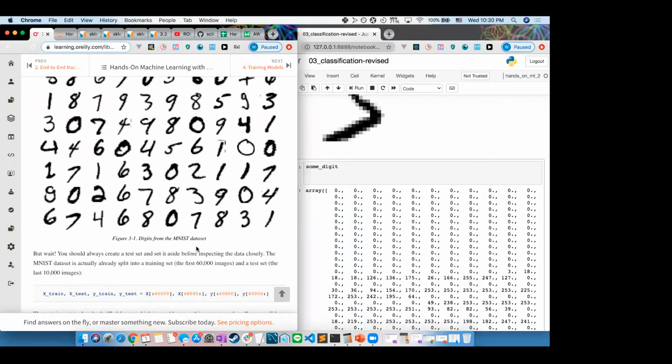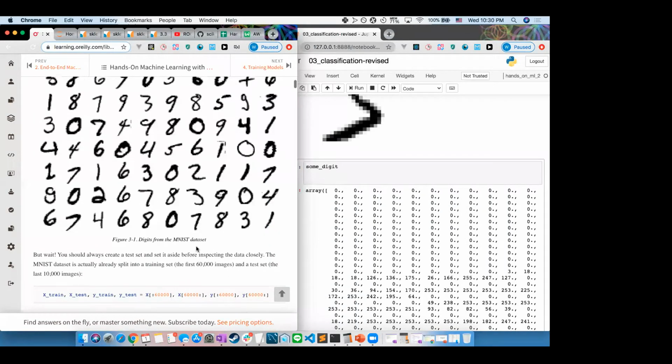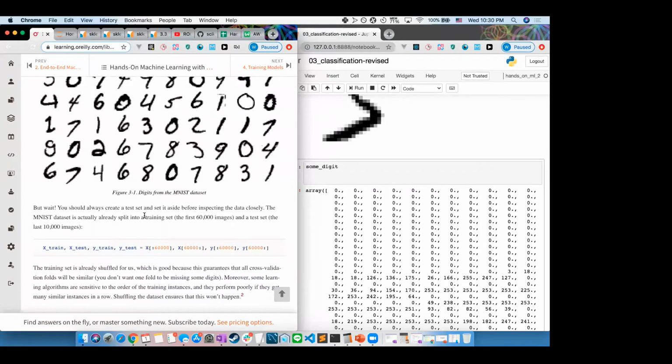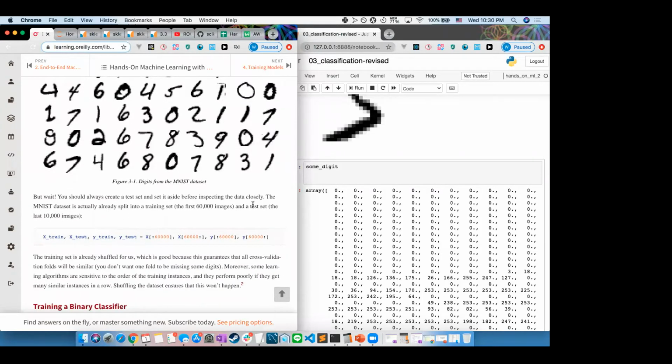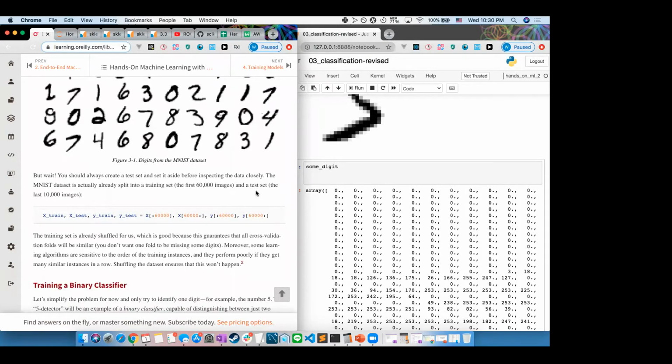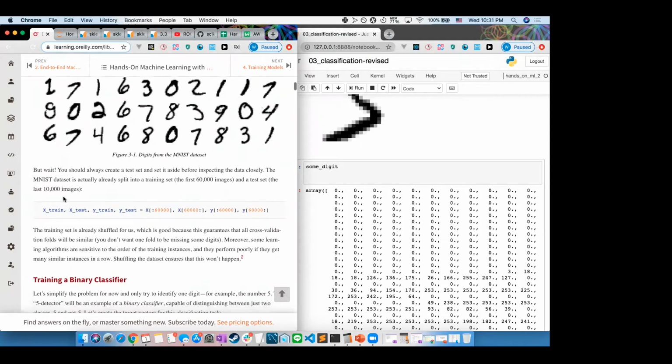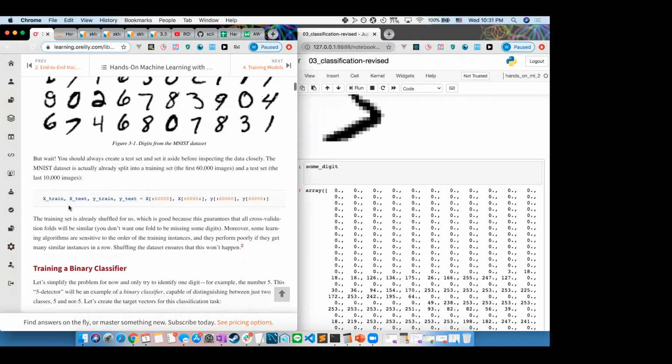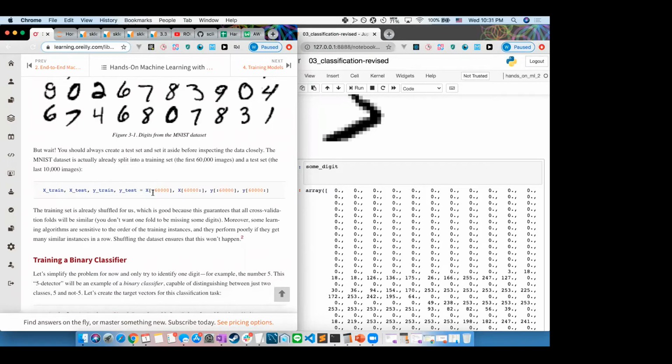Okay, so, but wait, you should create a test set and set it aside before inspecting the data closely. The MNIST data is actually already split into a training set, the first 60,000 images, and the test set, the last 10,000 images. So we're basically saying we want to use the first 60,000 images as training sets, and the rest of the 10,000 images as test sets.